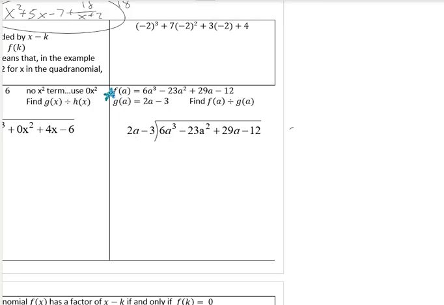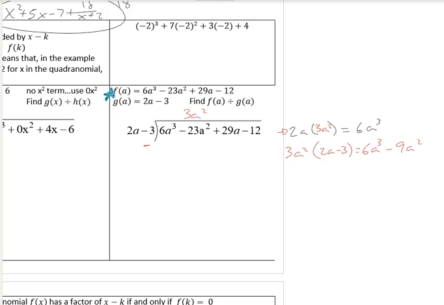So 2a times what equals 6a cubed? My answer is 3a squared. 3a squared goes here. 3a squared times 2a minus 3 equals 6a cubed minus 9a squared.